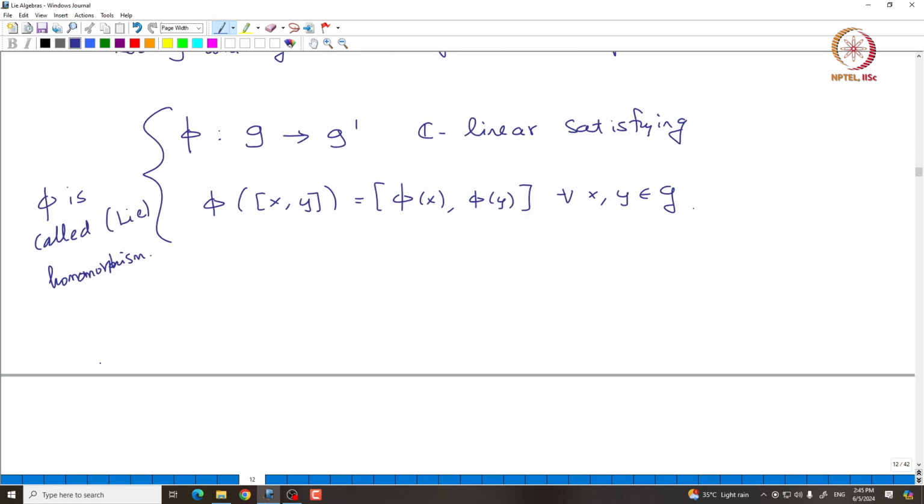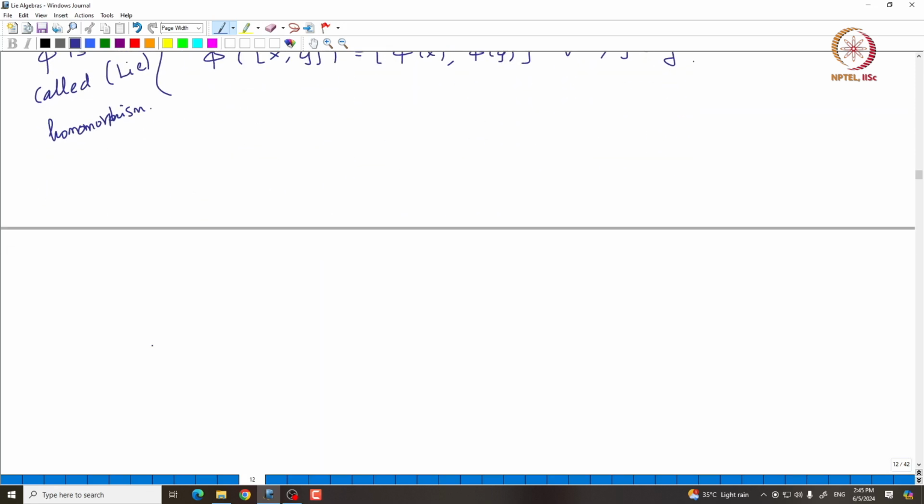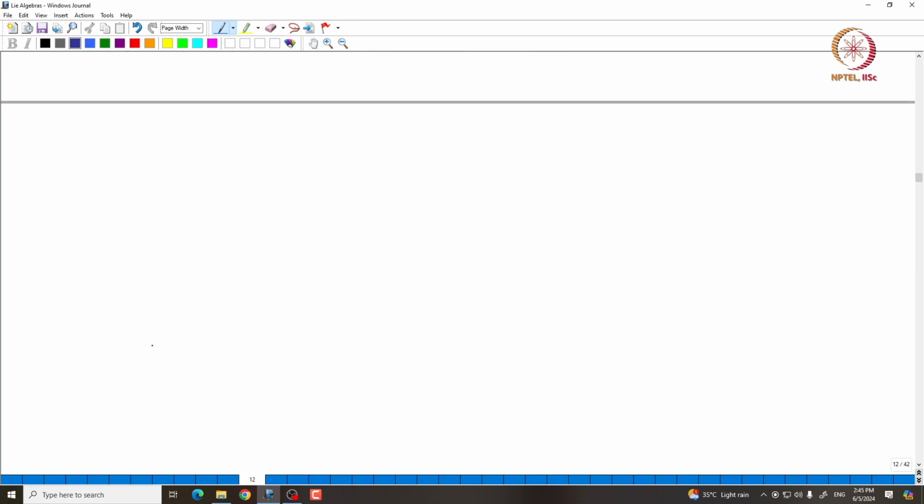Okay. So, now we will define other terminologies like subalgebra, ideals and so on. So, what is a subalgebra? So, let us say G be a Lie algebra.